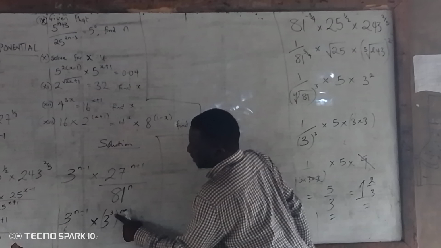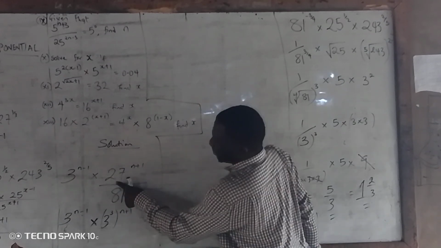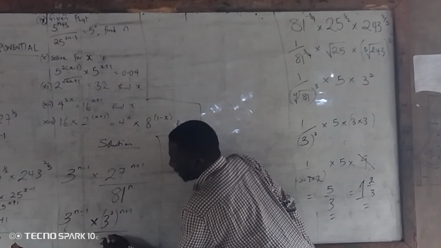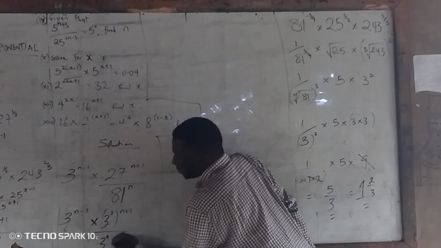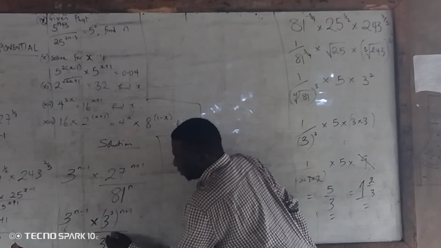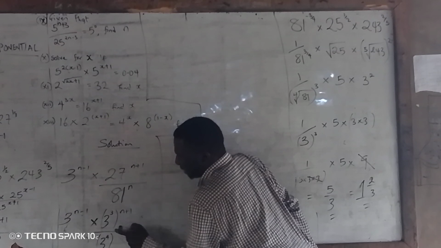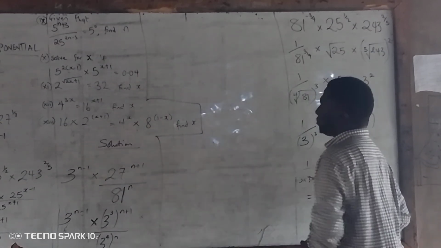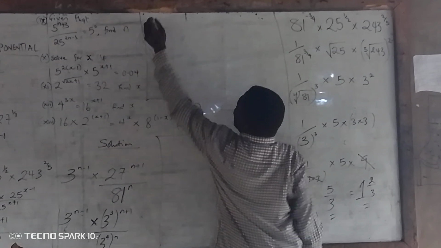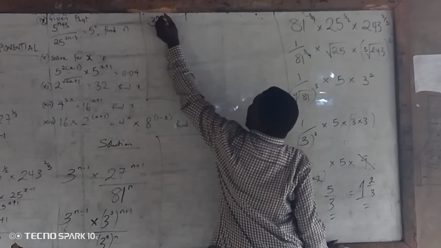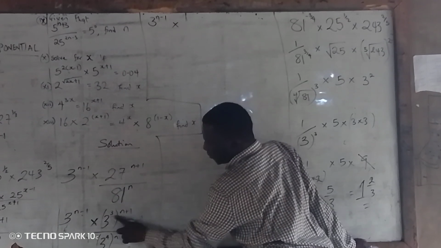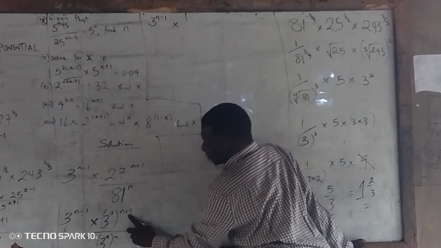So 3 raised to the power 3, which is 3 times 3 times 3, is the same thing as 27. Over, for 81 it will be 3 times 3 times 3 times 3, 3 in 4 places. In multiplication form, that's 3 raised to the power 4, which is the same thing as 81, and you have the n here. So we have 3^(n-1) times, from the law, when you have power and power outside, you need to multiply the powers.